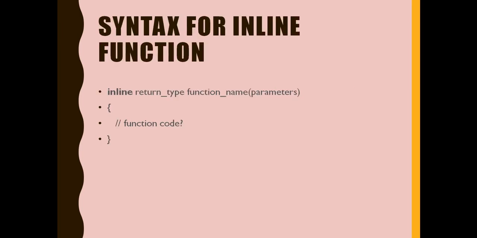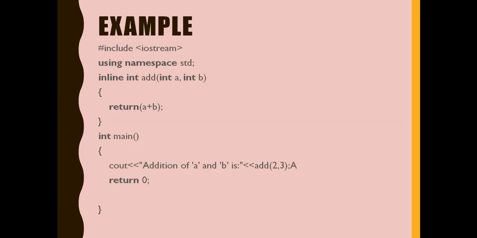So under these conditions, it is better not to use inline functions, because the aim is to reduce the overhead of the code's execution time. Okay, let's see the syntax of an inline function. We make use of the keyword inline, the return type of the function, the name of the function, and of course parameters if any, and the function code. Now, here is an example of using the inline function.